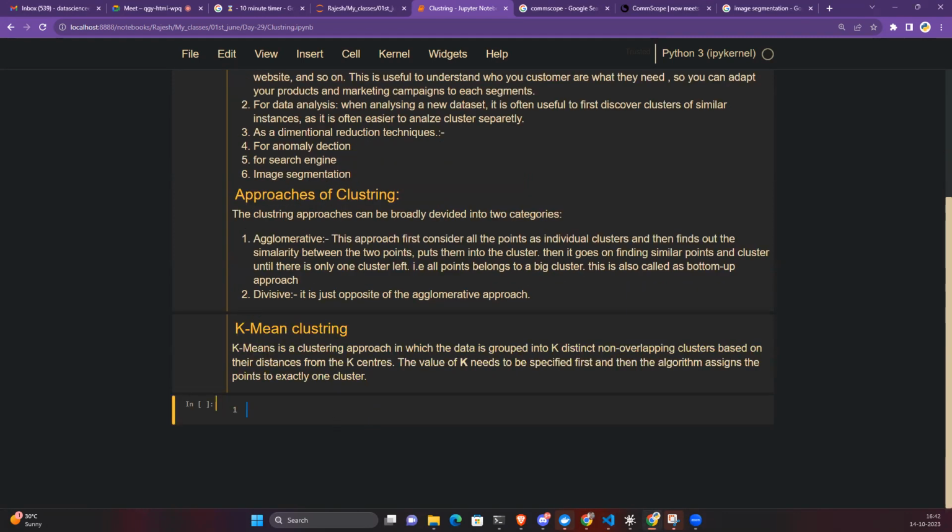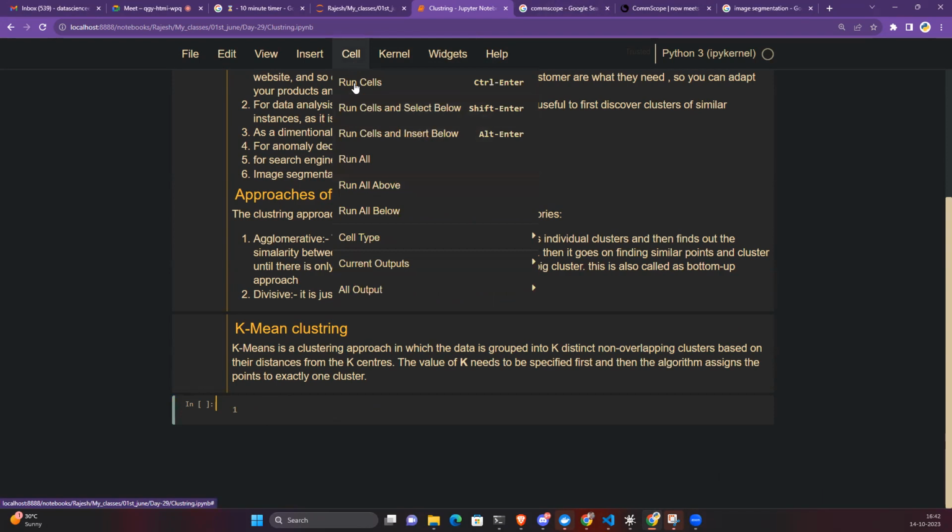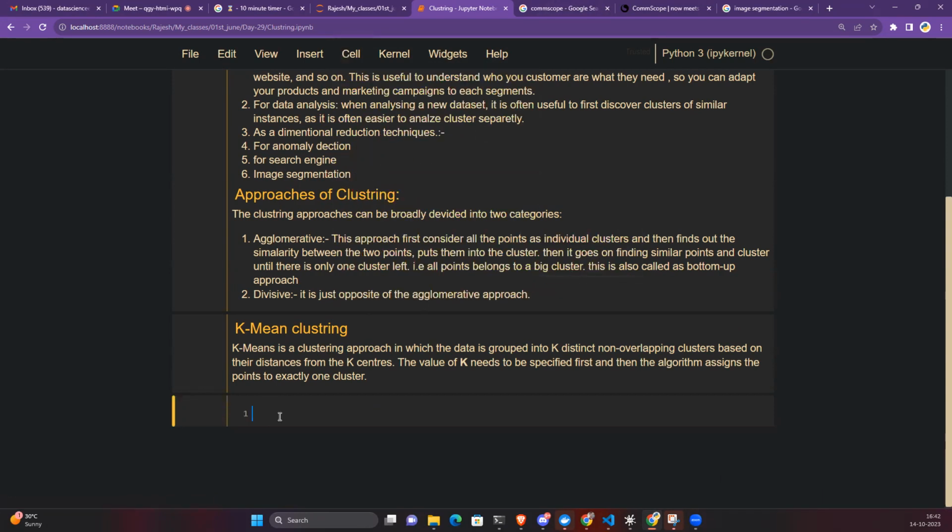Let's talk about the theoretical concept as well. Today we'll finish the theoretical concept. Tomorrow we'll start the practical implementation.